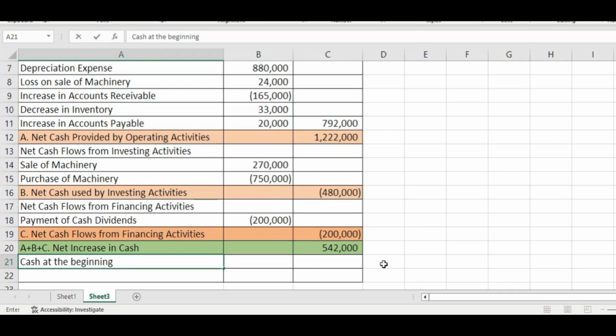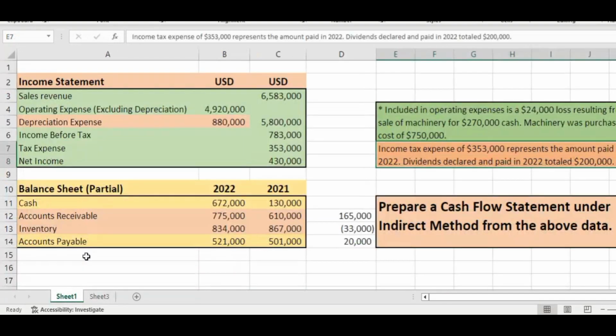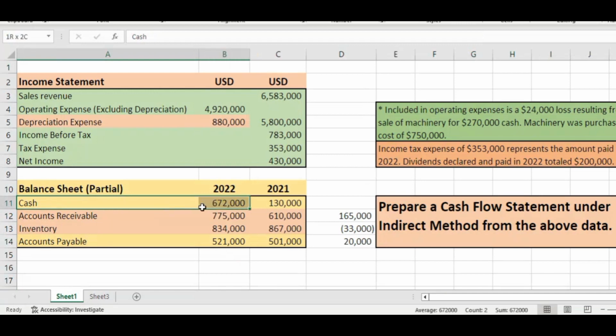Then we will add the beginning balance, cash at the beginning of the period. The cash balance at the beginning of the period will be stated here after the net increase in cash. We will find this data from the balance sheet of the previous year.